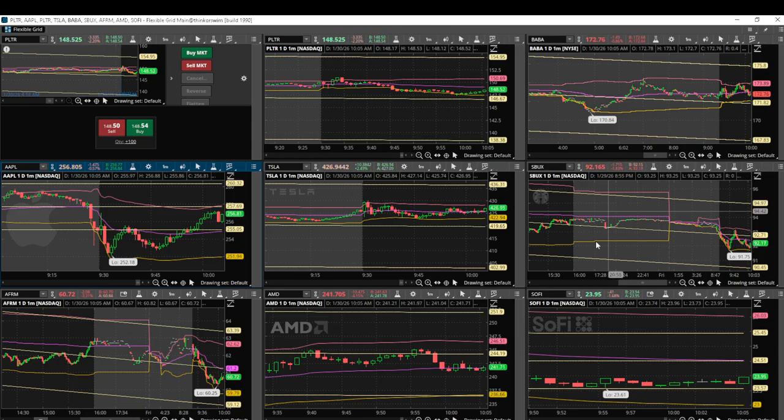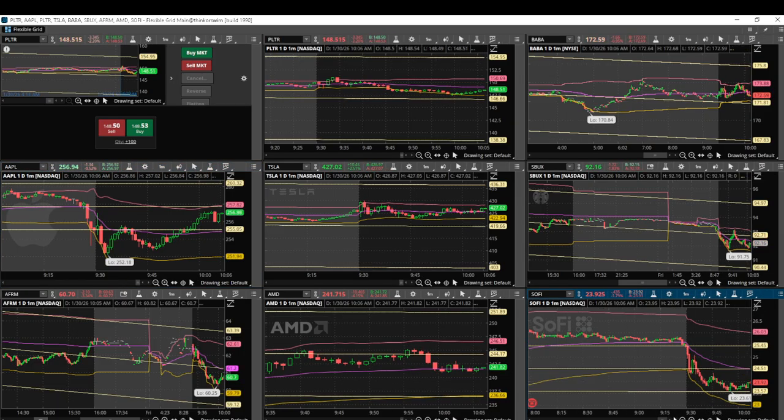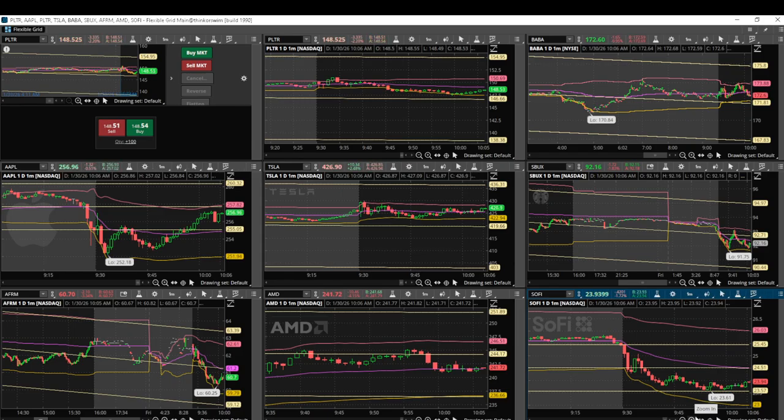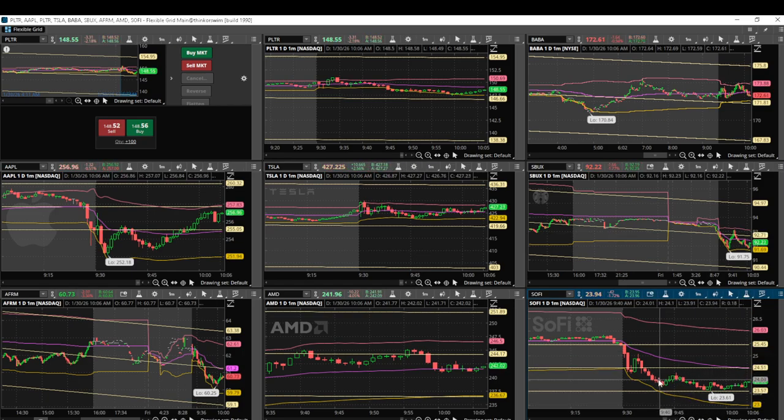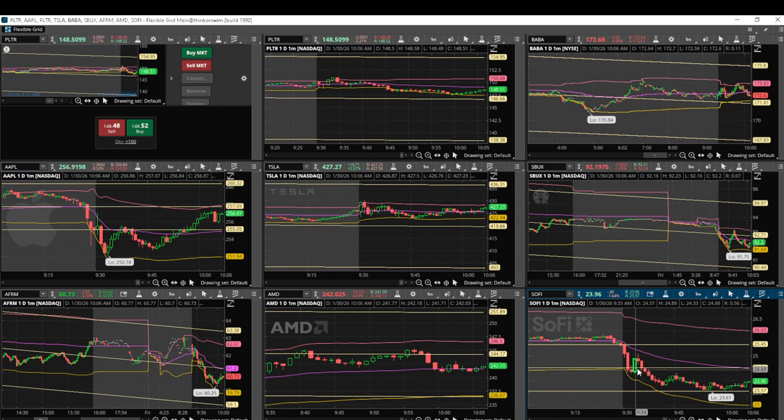To give you an idea of why you have to watch out for the candles, let's take a look at SoFi here in the corner, okay? If you look at SoFi, it sort of came out of the gate, bounced, and then just tremendously decided it was going to go to a downward spike, all right?